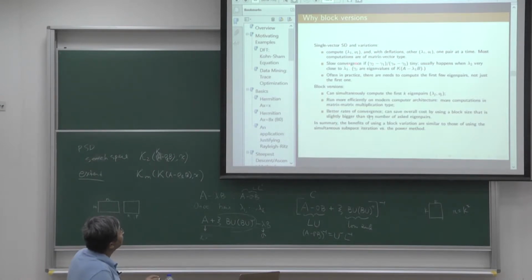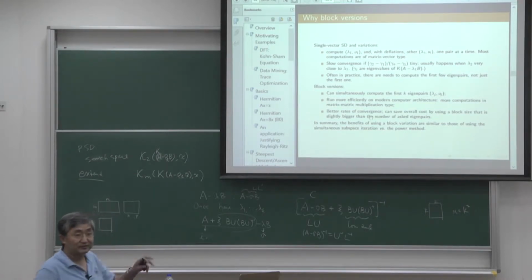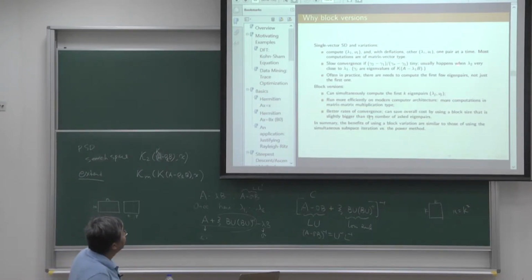The convergence can be slow. We look at steepest descent without preconditioning. It can be slow when this ratio is tiny. If the ratio is close to 1, it is faster. That's from the convergence theory. It is tiny usually when eigenvalue number 2 is very close to number 1.